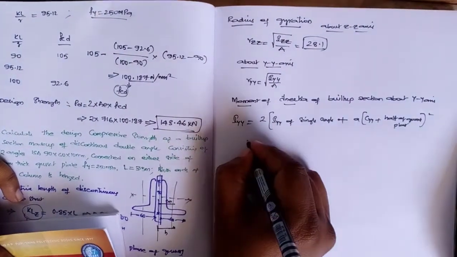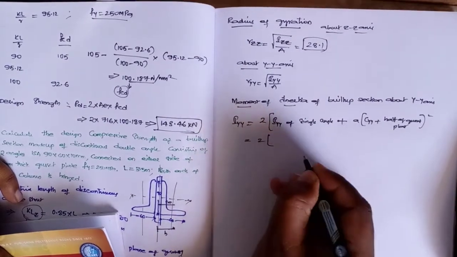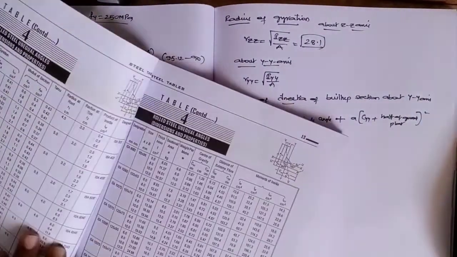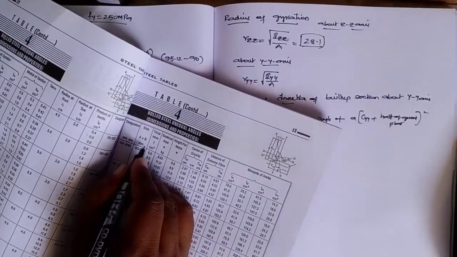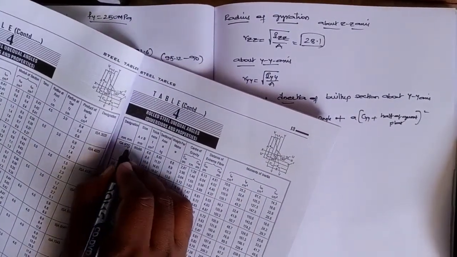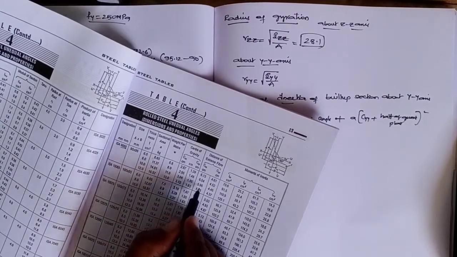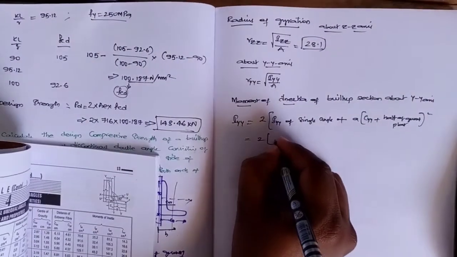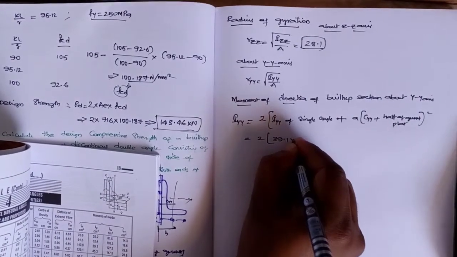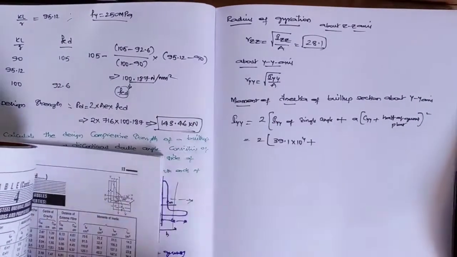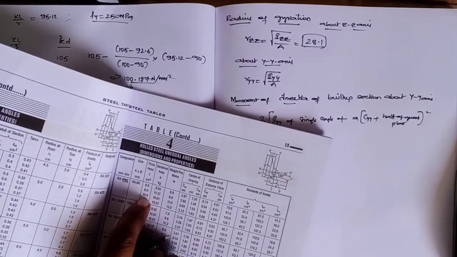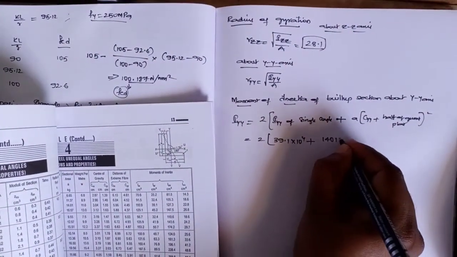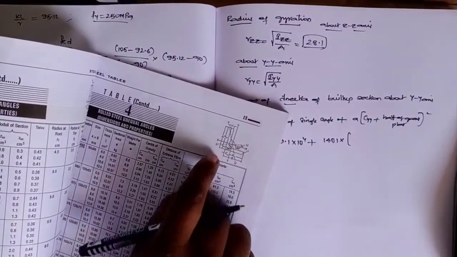Now what is this moment of inertia IYY for a single angle section? That is 90 by 60 by 10 mm. The moment of inertia about the YY axis is how much? 39.1 into 10 power 4, plus the area given, 1401, into what is CYY?